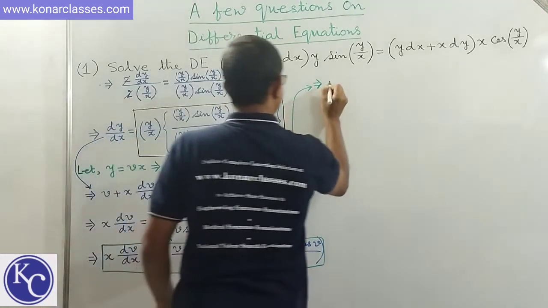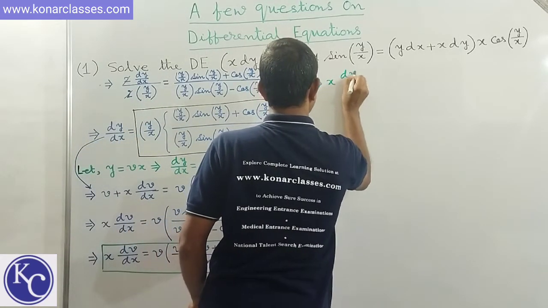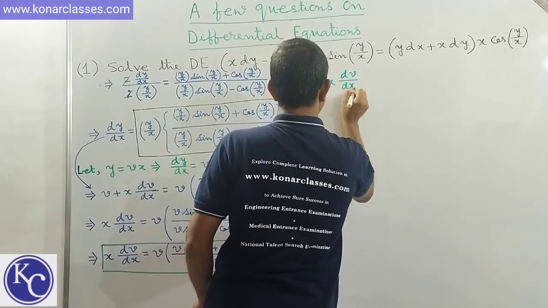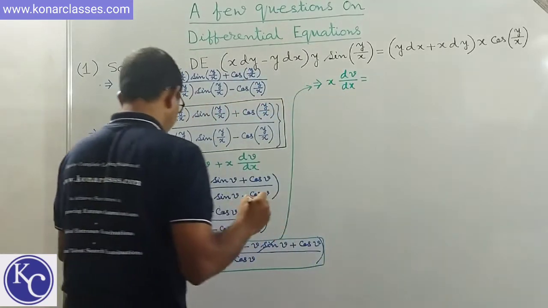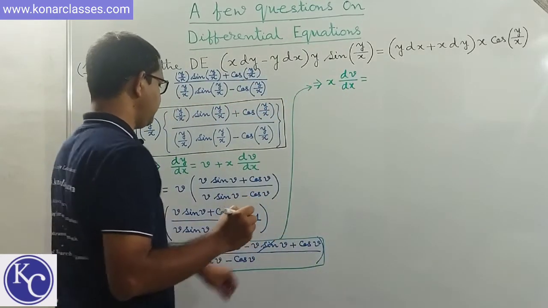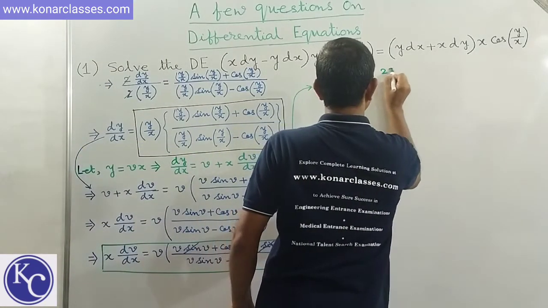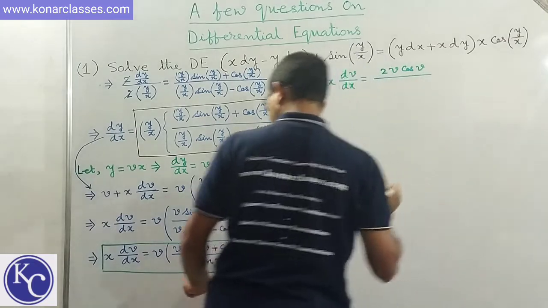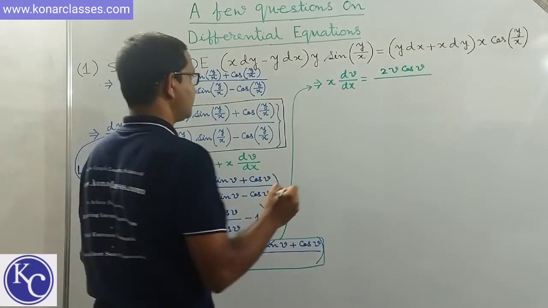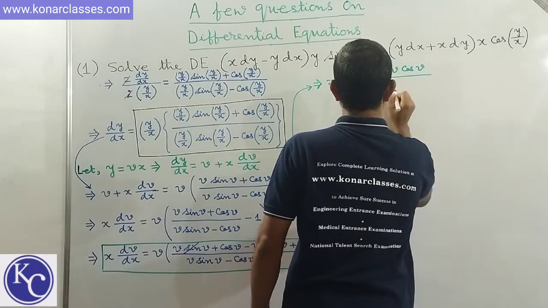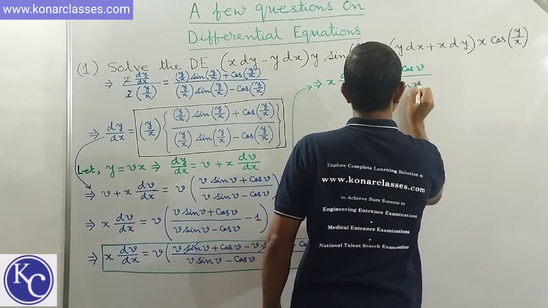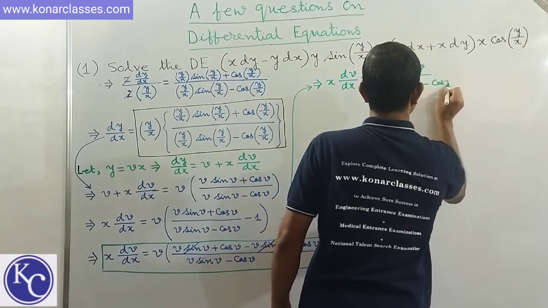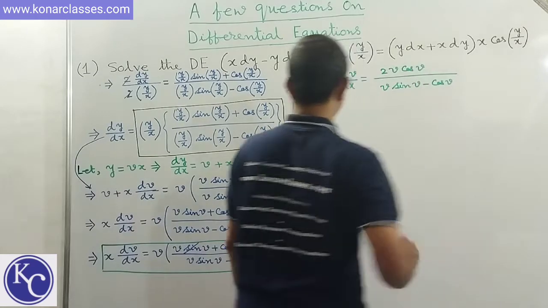We get x dv/dx is equal to v into 2 cos v, that means 2v cos v, divided by v sin v minus cos v, correct?